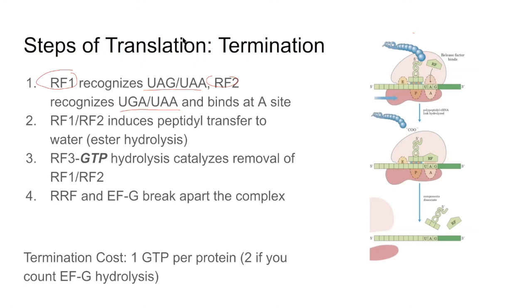The next thing is RF1 and RF2, when they're in that perfect fit, lead to a conformational change, which is usually how we explain things that we don't know how to explain. And that leads to ester hydrolysis. So the bond between this tRNA and this peptide is broken. As a result, you now have a free peptide and a leftover tRNA.